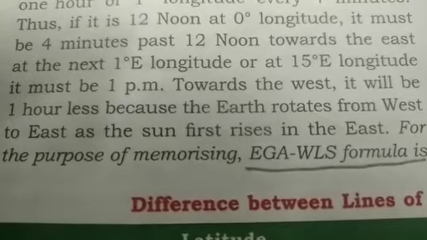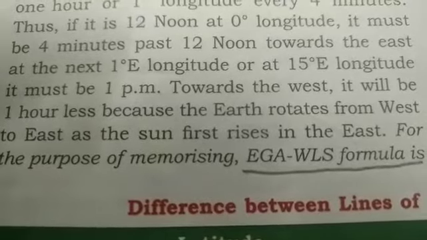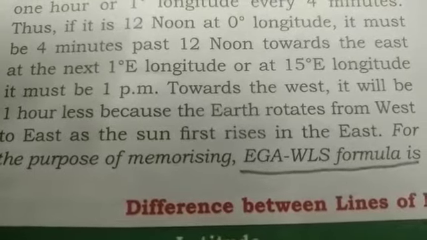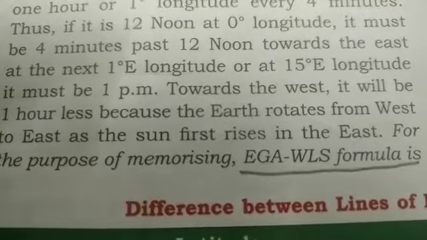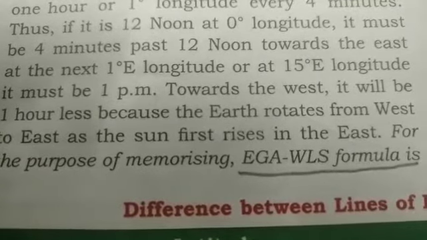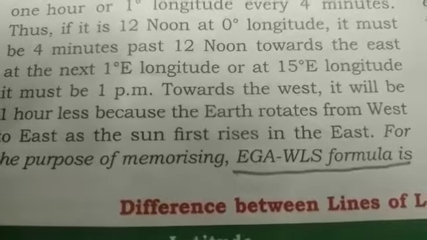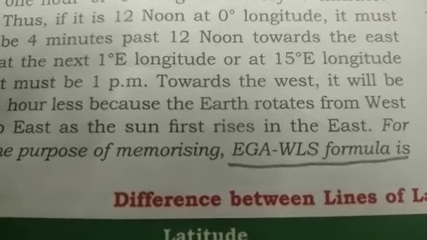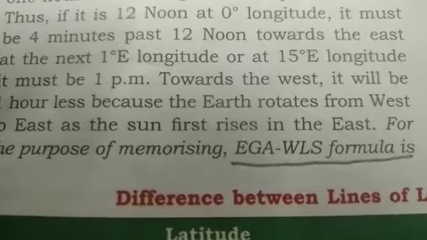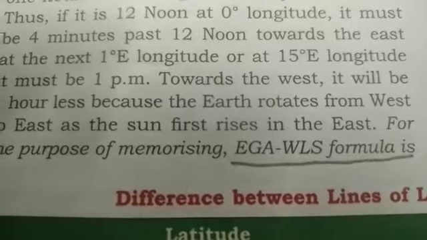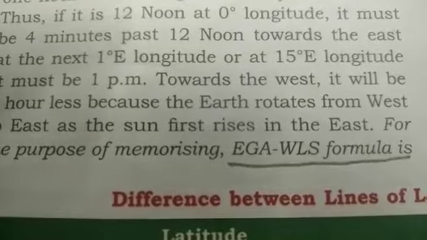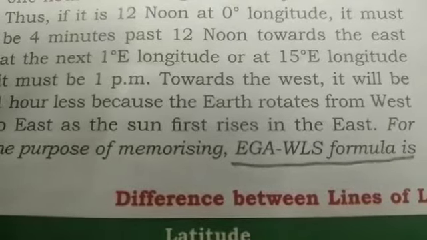That is, if you go towards the eastern side, you will get more time, and if you go towards the western side, there will be less time. So the eastern side will have the advanced time, more time than the Greenwich Mean Time, and the western side will have lesser time than the Greenwich Mean Time.